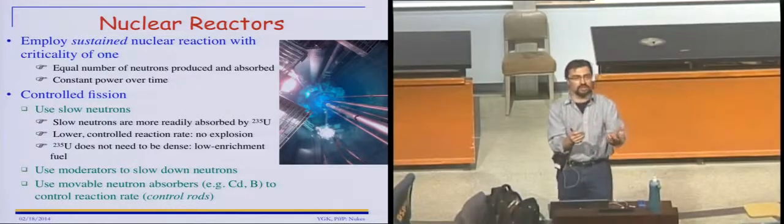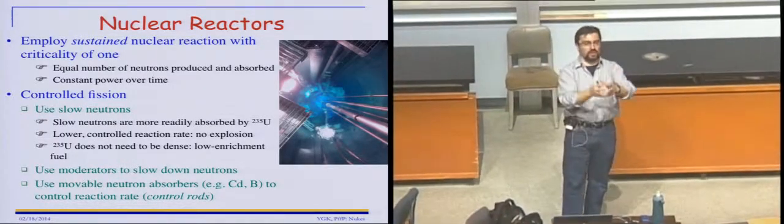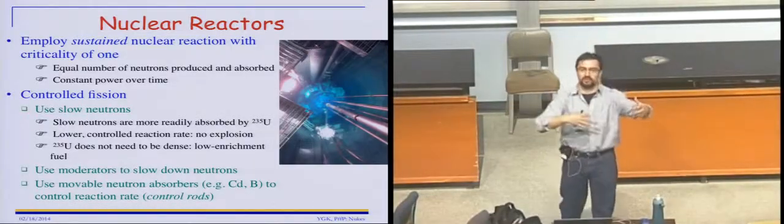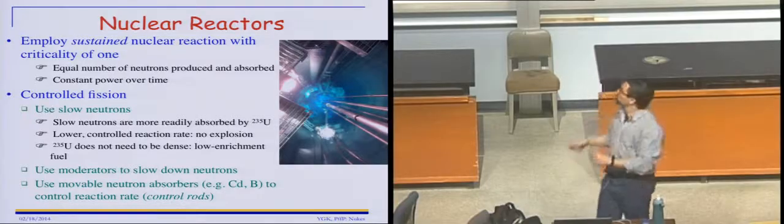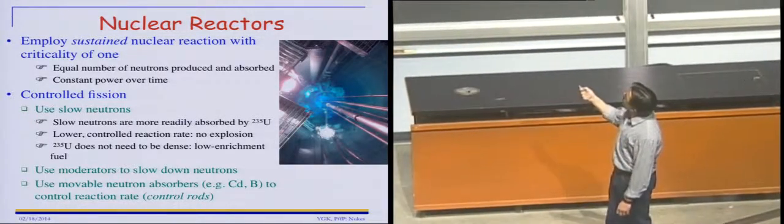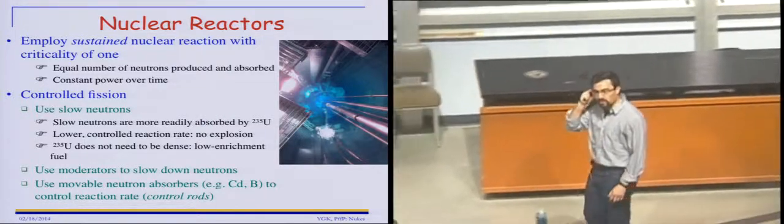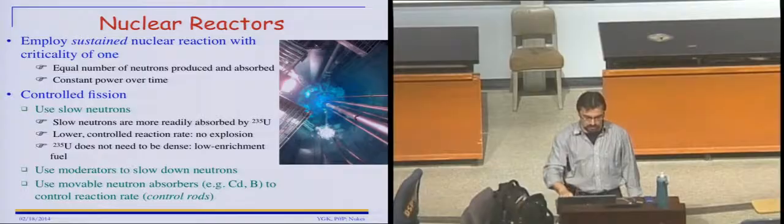You don't need highly enriched uranium. You can separate your uranium assemblies far enough from each other so that they don't spontaneously explode, and you can use low enrichment. So reactors typically still use uranium-235, but enriched to a few percent, which is significantly easier.